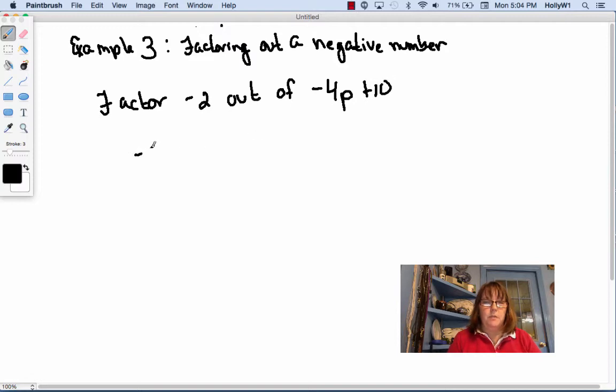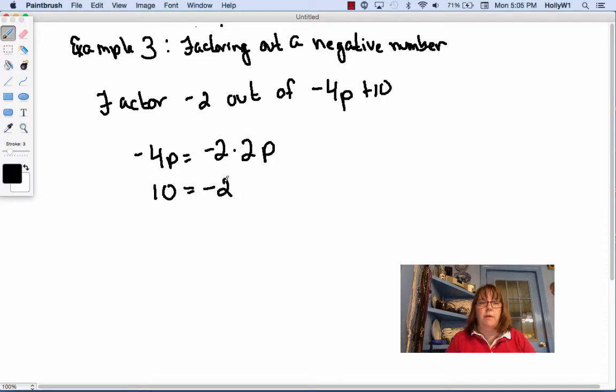So -4p divided by -2 is 2p, so we write -2 times 2p. Well, 10 is a little bit more complicated. We have 10, and we want to factor out a -2. What we have to ask is, what times -2 is equal to 10?